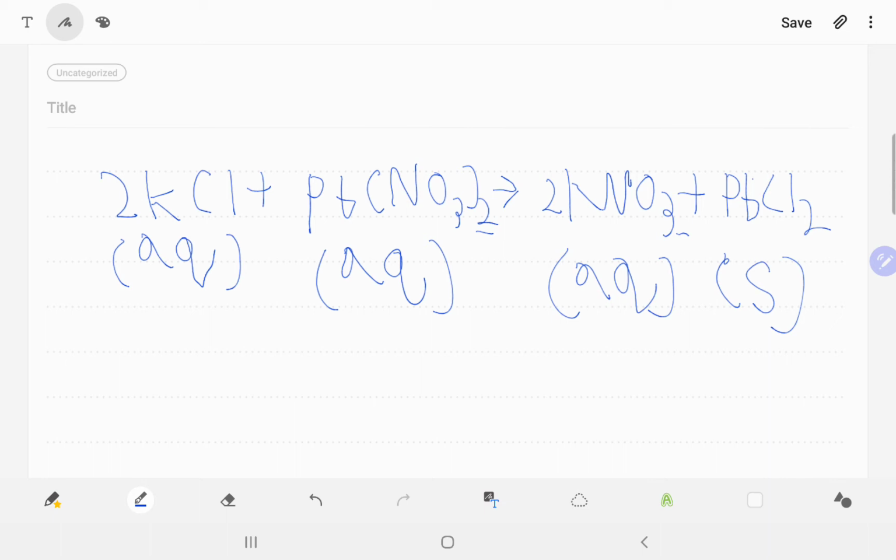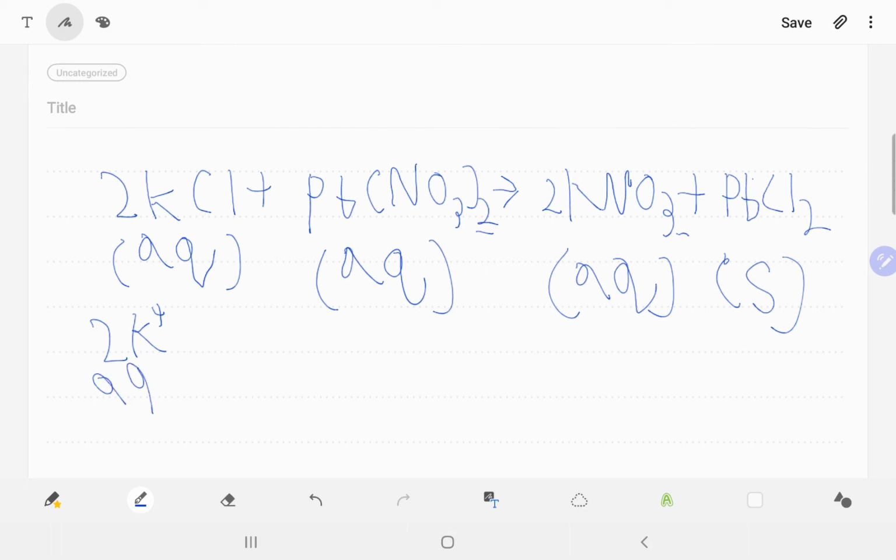Now that you have checked for your solubility, your next step is to write the full ionic equation. So first, you take 2KCl, which you turn into 2K plus, which is aqueous.